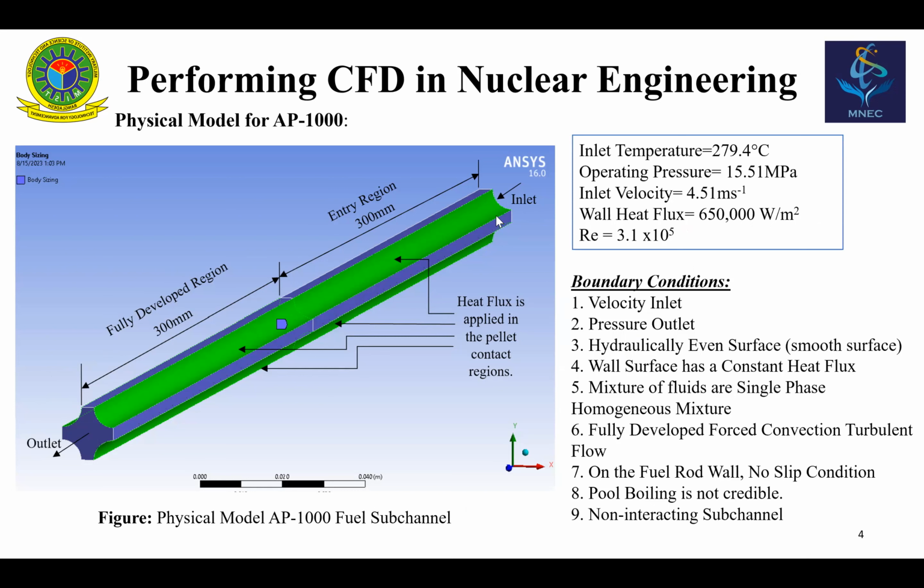We have taken a very small length, but this small length should be enough to create a fully developed flow within this subchannel. So we have to consider various things before modeling a geometry in ANSYS. This is our single fuel subchannel, and these are the boundary conditions, and these are the different parameters. We will come to these things later on.